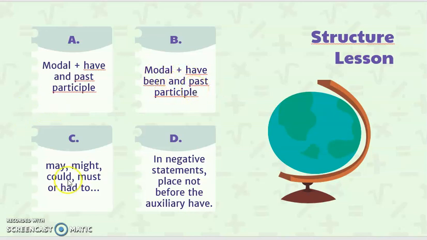We are going to use for active voice may, might, could, must, or had to. And remember, for the passive voice in negative statements, we have to place not before the auxiliary have.